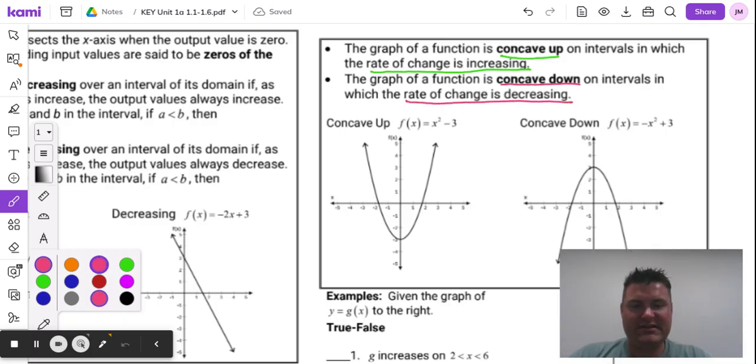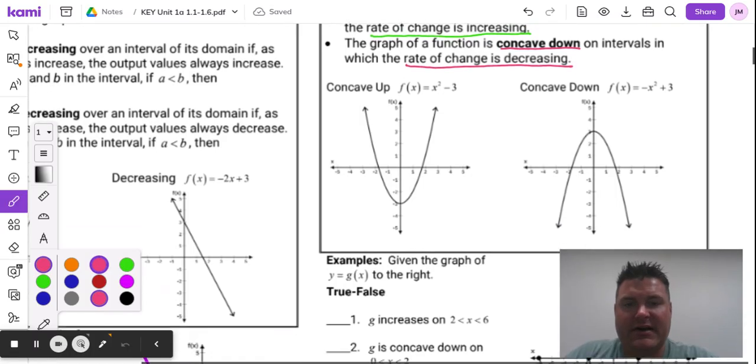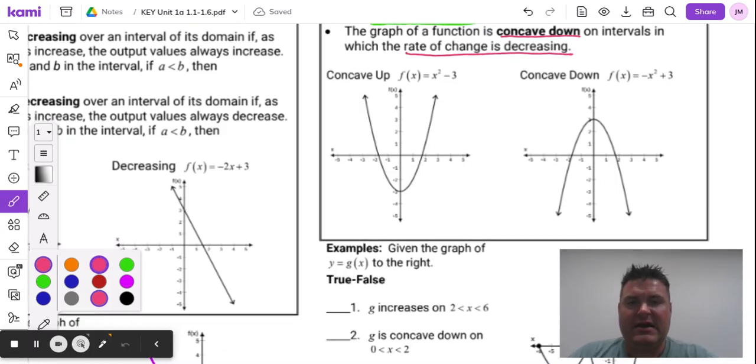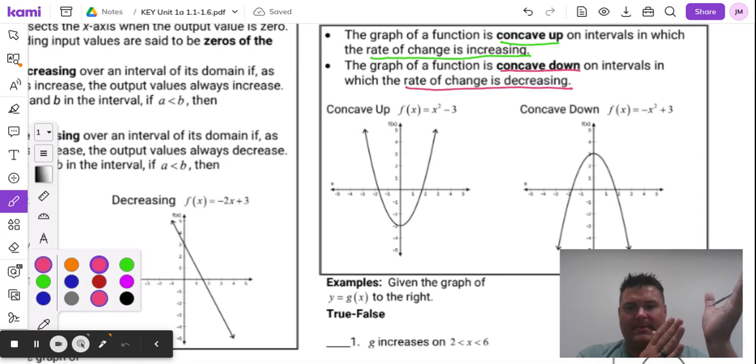Now, visually, what does this look like? Well, on our concave up example, as we go from left to right, our rate of change is indeed increasing.